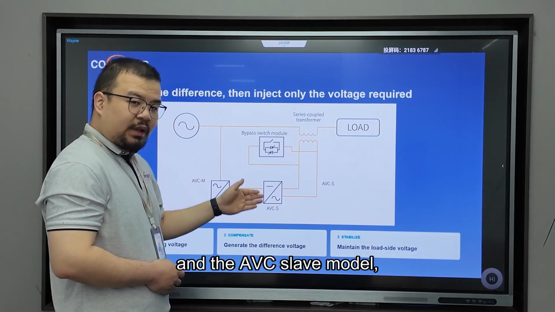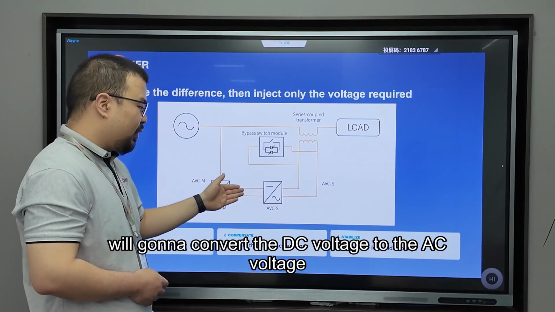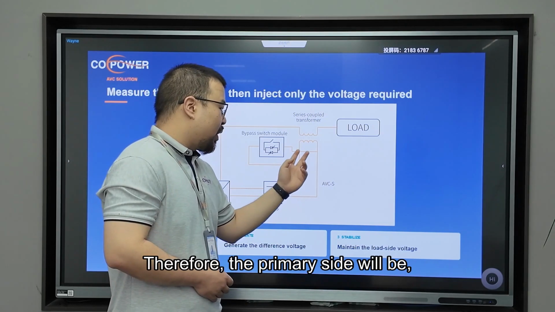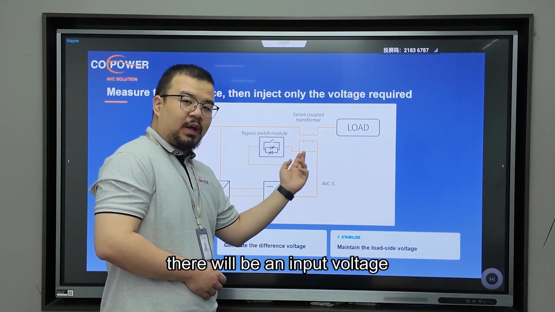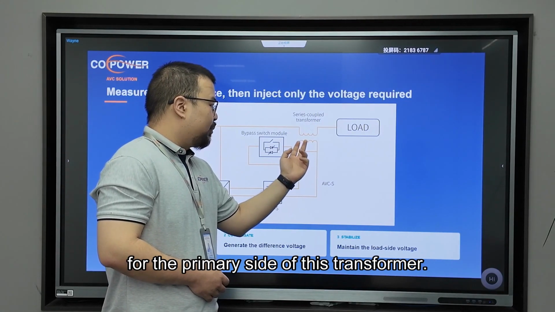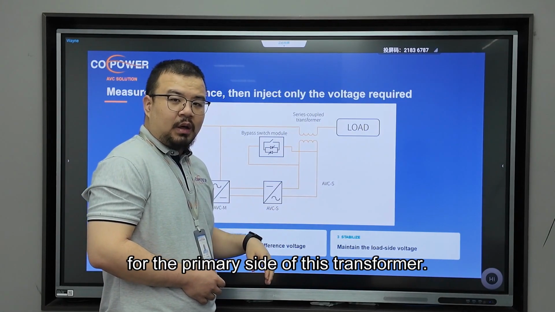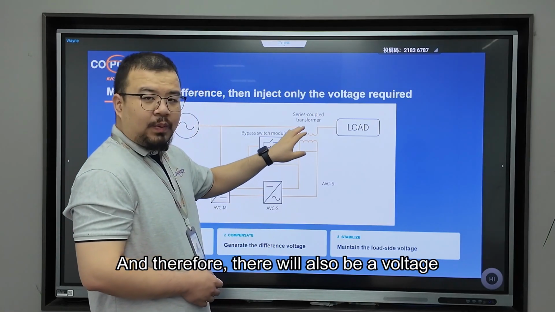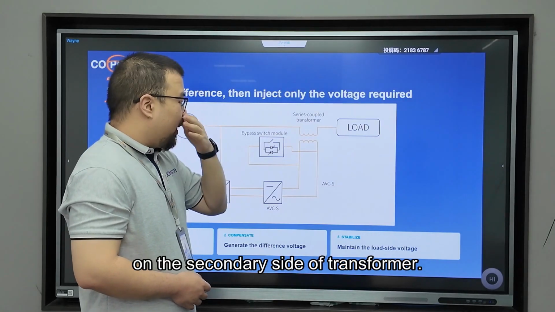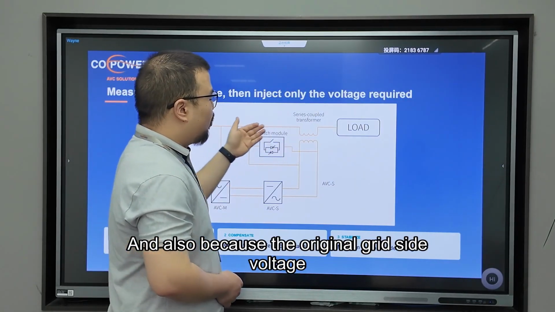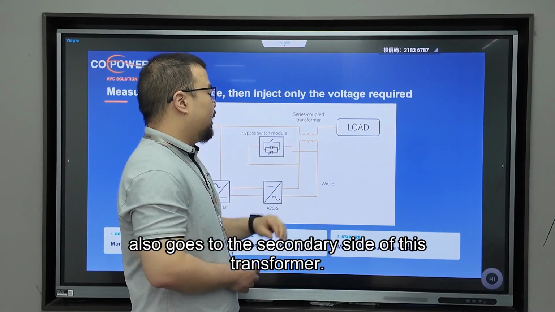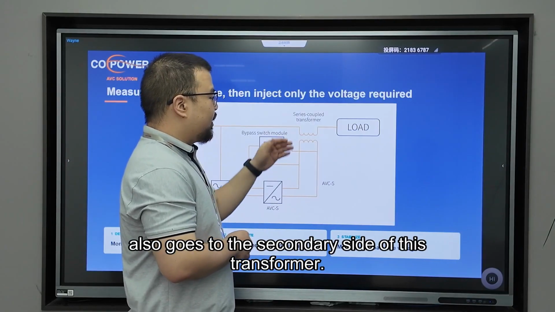And the AVC slave module converts the DC voltage to AC voltage and outputs it. Therefore, there will be an input voltage for the primary side of this transformer, and therefore there will also be a voltage on the secondary side of the transformer. Also, the original grid side voltage goes through the secondary side of this transformer.